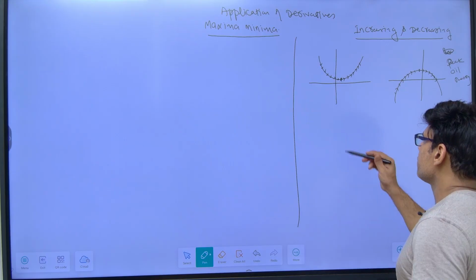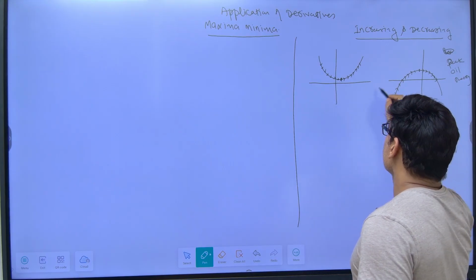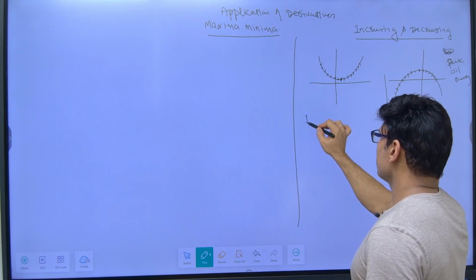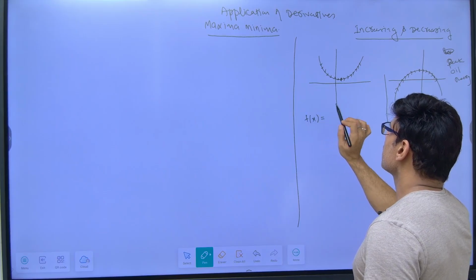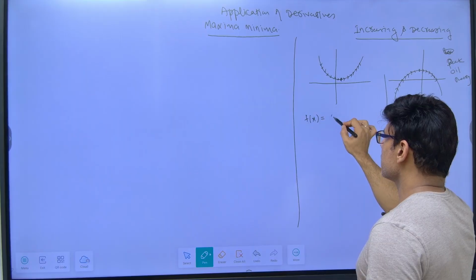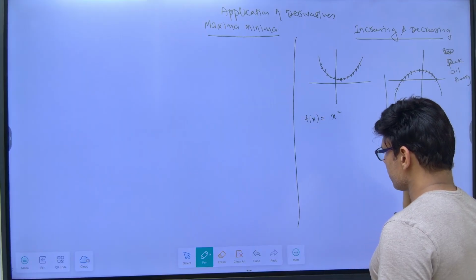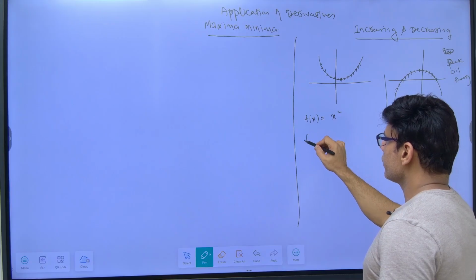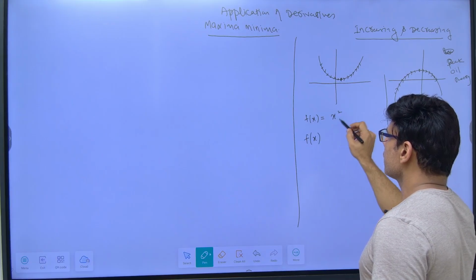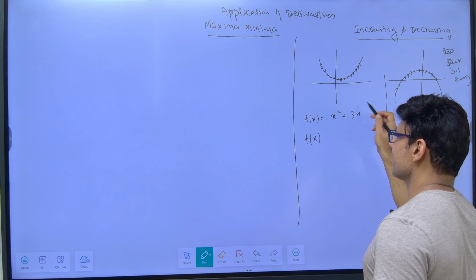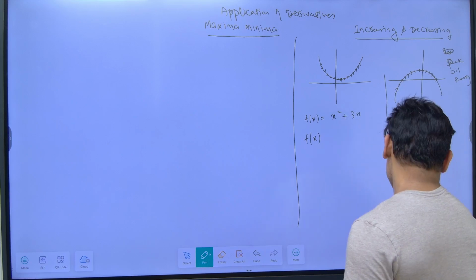So consider two cases. You take any function f of x, whatever is given to you. In this case, let's say x square plus 3x plus 4.